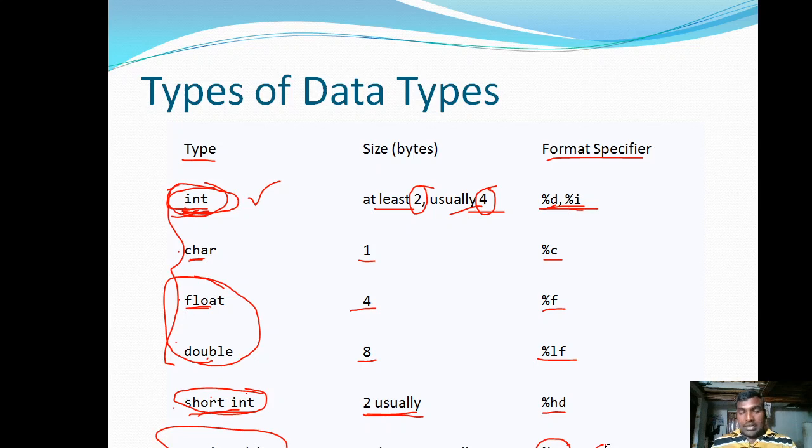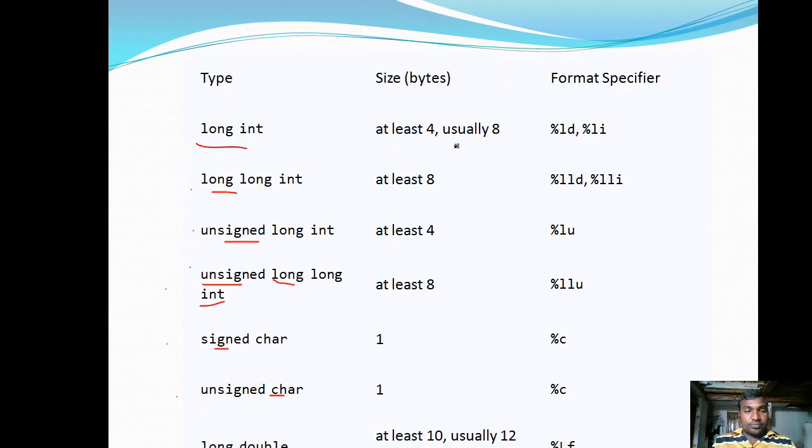Coming to the next kind of data type, long int. Generally int requires 4 bytes, while long int usually requires 8 bytes of memory, or at least 4 bytes. Depending on the operating system, the compiler allocates either 4 bytes or 8 bytes of memory. The format specifier associated with long int is %ld.